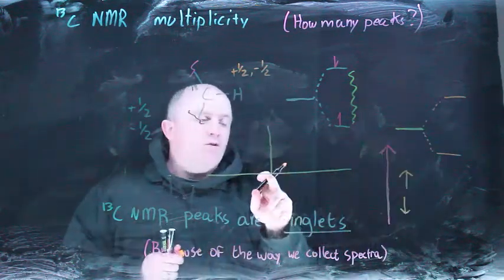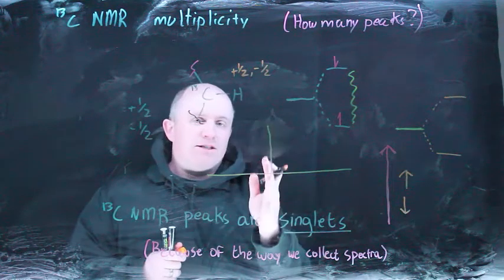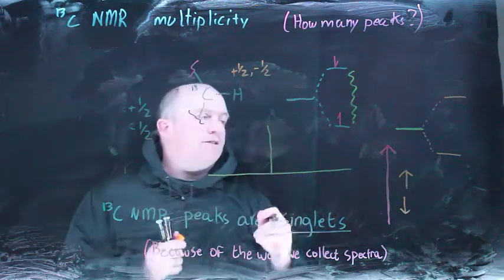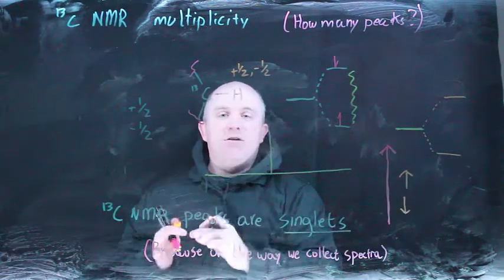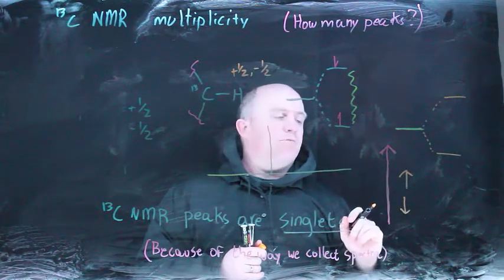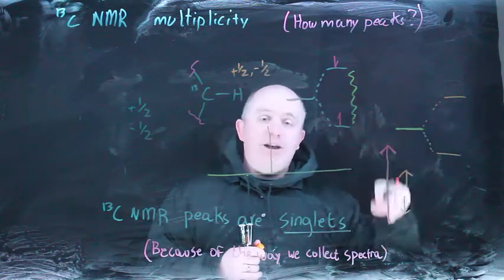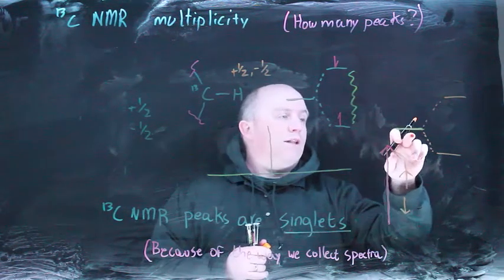And so in other words, your single carbon atom, in the absence of a proton, which would show up at this line, then becomes split into 2 lines. So again, you have 1 energy level for the carbon by itself, and then you have an energy level where the hydrogen is pointing in the opposite direction of the magnetic field, and an energy level where the hydrogen's aligned with the magnetic field. And so this carbon goes from being 1 line to being 2.